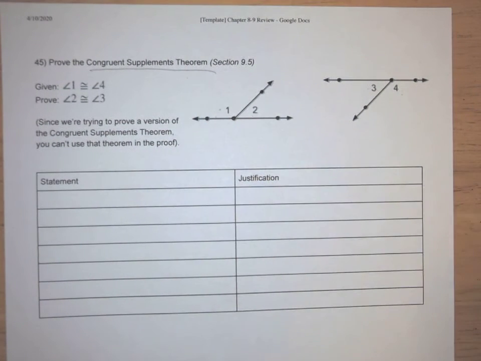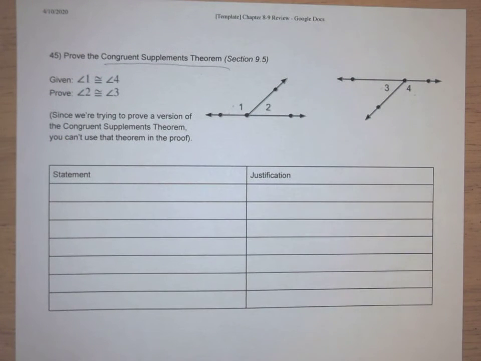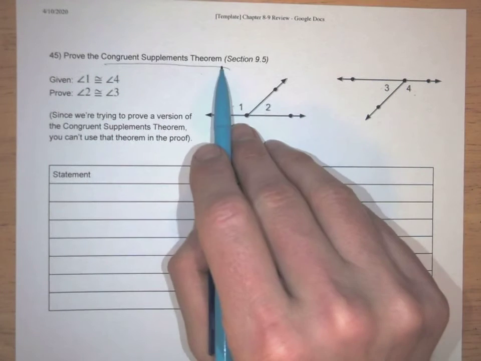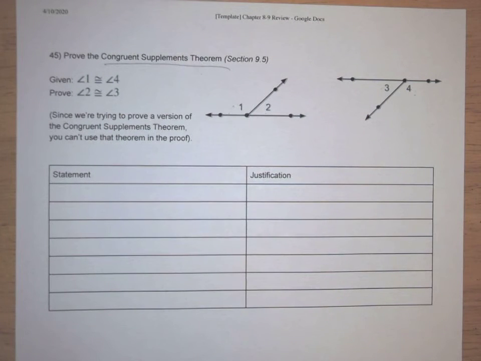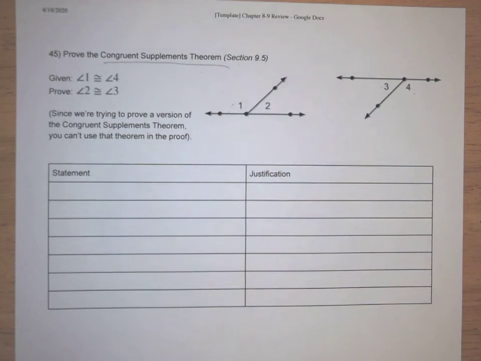So the moral of the story is sometimes we'll backtrack so that I can test your knowledge of a proof we already did, but you can't use the proof that we're trying to get in the proof. That would just be circular reasoning. So if we're trying to prove the congruent supplements theorem, we can't use the congruent supplements theorem. We have to pretend that we don't know that fact, and then we're actually trying to prove it.